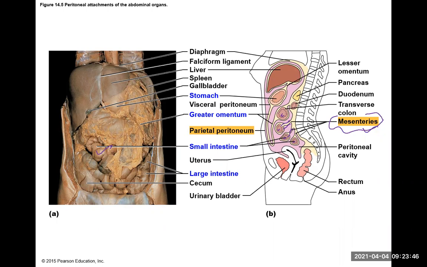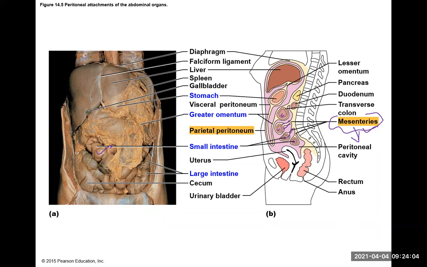We don't want these intestines to get tangled with each other. That is why they are attached to the body wall or to each other. We call it the mesentery.